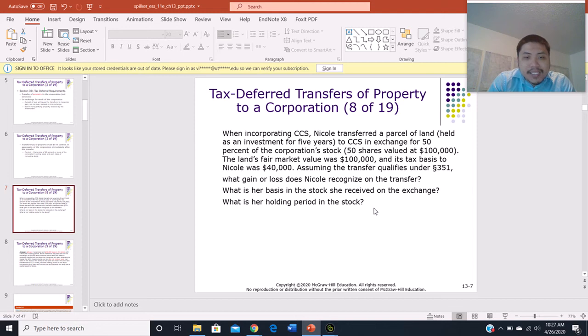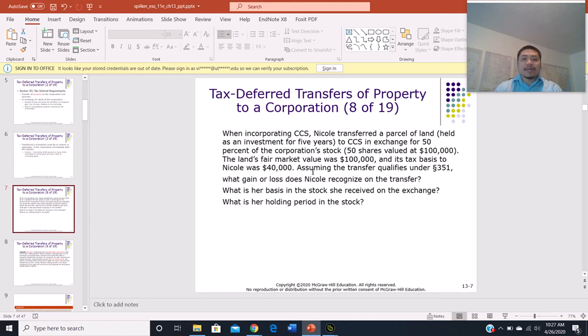All right. What about the second question? What is her basis in the stock she received in the exchange? So, like I said, this is a pure transfer of property for stock. So the basis of the stock received is going to be equal to the basis of the property exchanged. In this case, the basis of the stock that Nicole receives is going to be $40,000, which is the basis of the land that she contributes to the company. And what is the holding period in the stock?